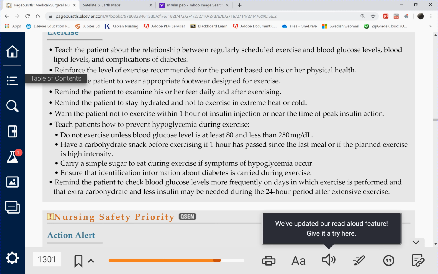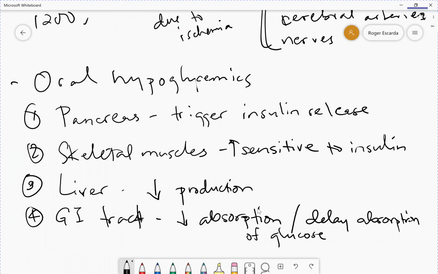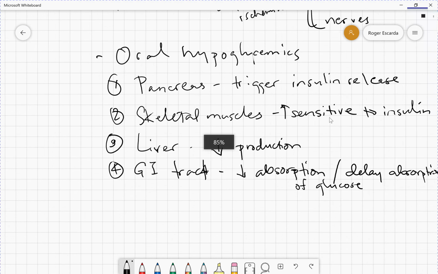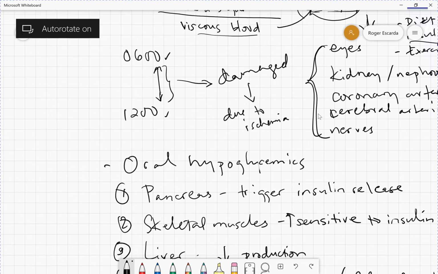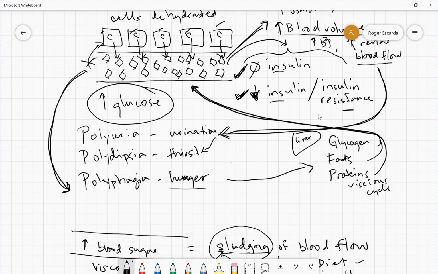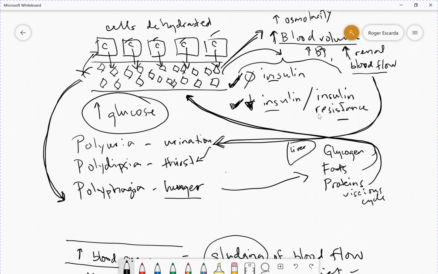Remember that the blood glucose of the patient didn't get to 250 easily. There were a series of events. If you remember in our drawing here, in our explanation here, look at this part here, the first part. We said that hyperglycemia, this condition right here, did not occur easily.